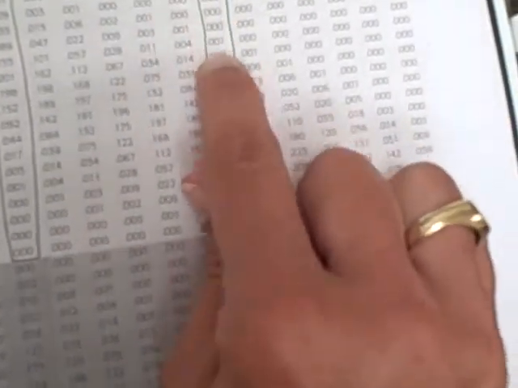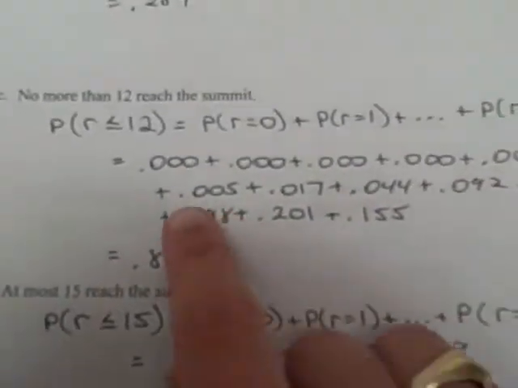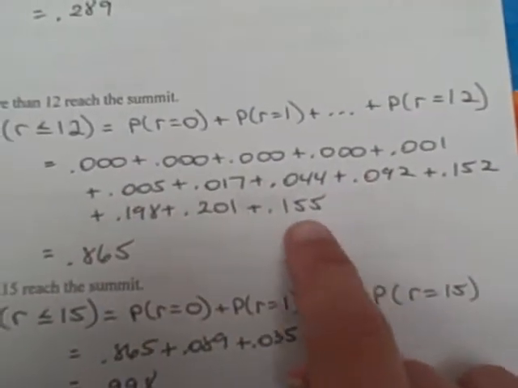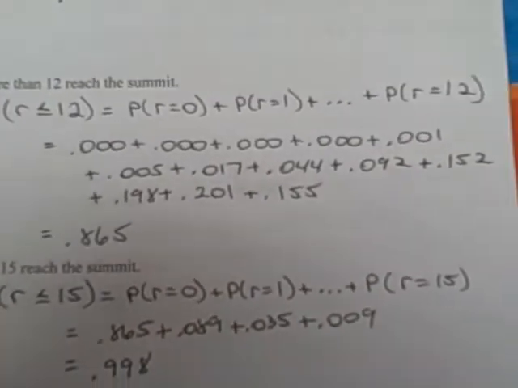We're looking at n equals 16 still, r from 0 to 12, and we're still talking about how many reach the summit, so we're still underneath 0.65. I add up all of these probabilities from r equals 0 down to r equals 12: 0.000 plus 0.000 plus 0.000 plus 0.000, then 0.001 plus 0.005, all the way down to 0.155. Add them up, and we get 0.865.